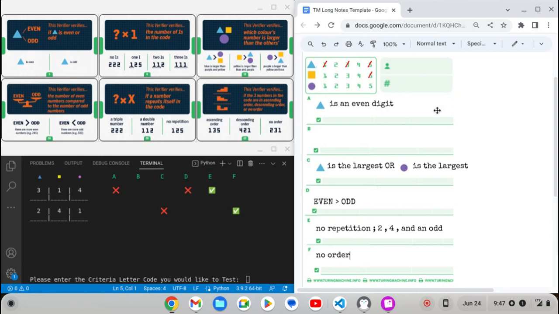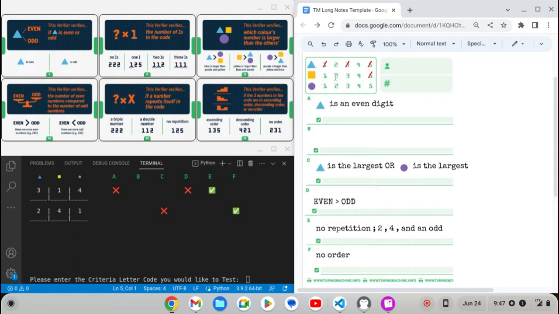Let's see, should I? I think there are just too many possibilities to list if there's a 1 or not. Four, 1, 2. Well, okay, so we know it can't be, oh no, it could be 4, 1, 2 because triangle is okay.